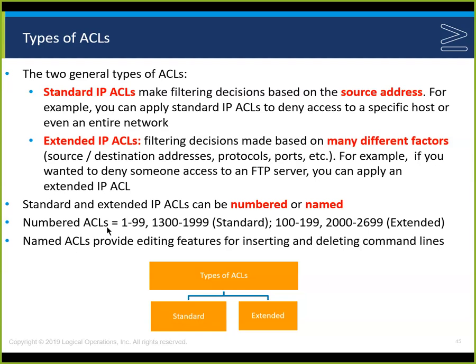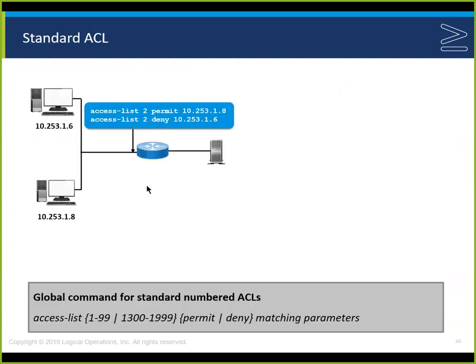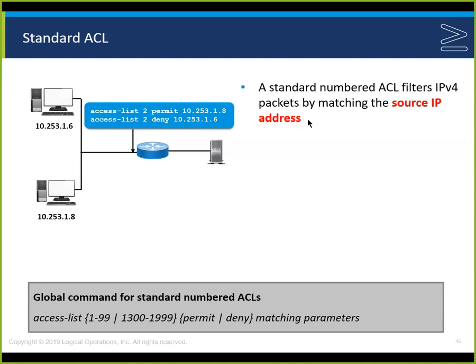The named ones are easier to edit, and are probably easier to write too. You can make your own decision as we do these things. So the format here: access list to permit, access list to deny. We have to write access list and the number for each of the statements that we're going to do.